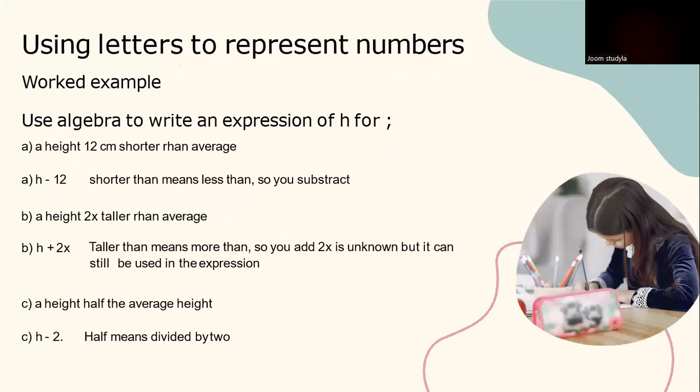First of all, use algebra to write an expression of h for number 1, a height 12 centimeters shorter than average. So how to use a letter to represent numbers is h minus 12.